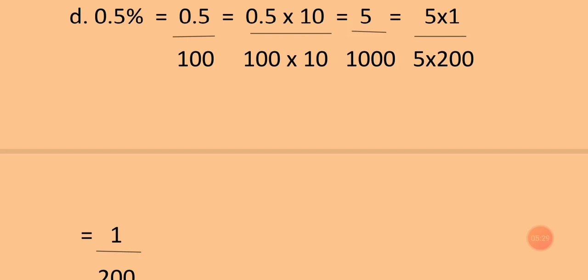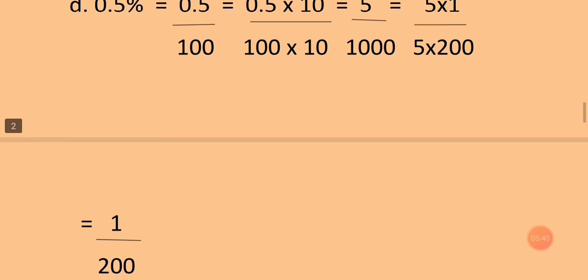So we will be multiplying the numerator and the denominator by 10, 10 having just one 0 as well. So we have 0.5 times 10 equals 5, and the denominator 100 times 10 equals 1000.